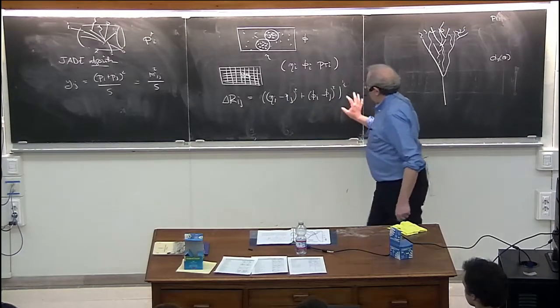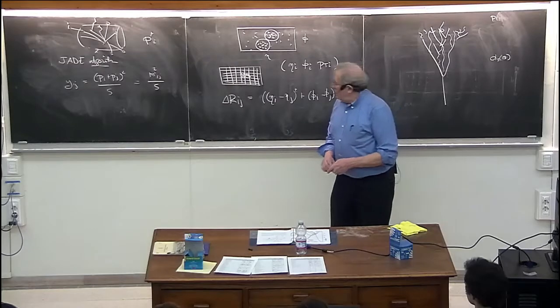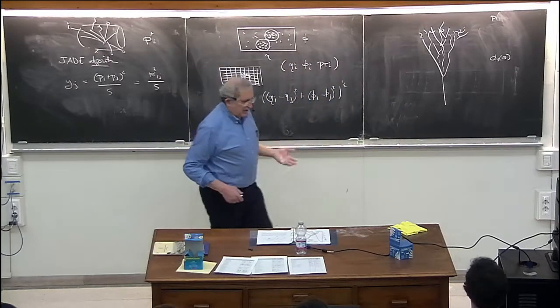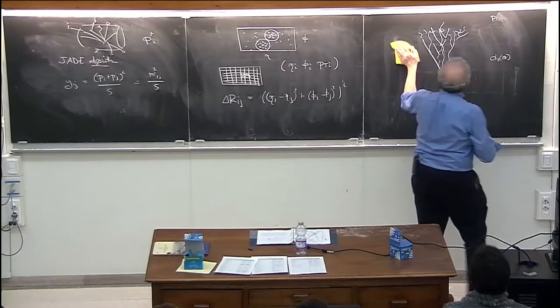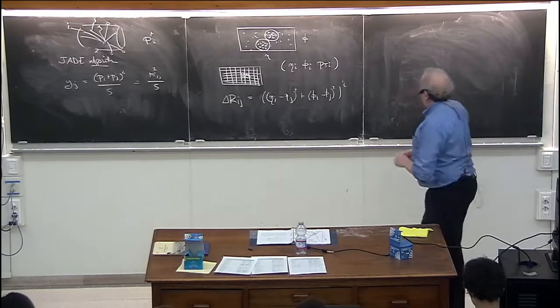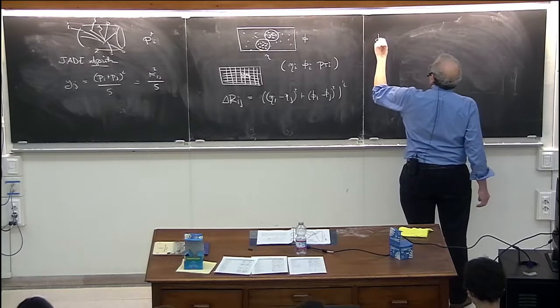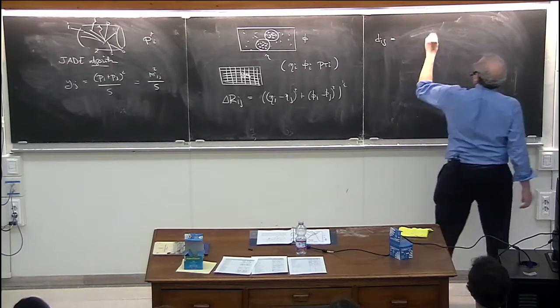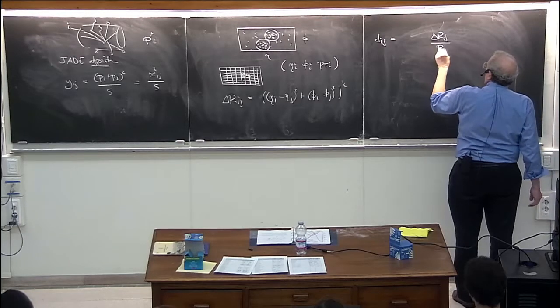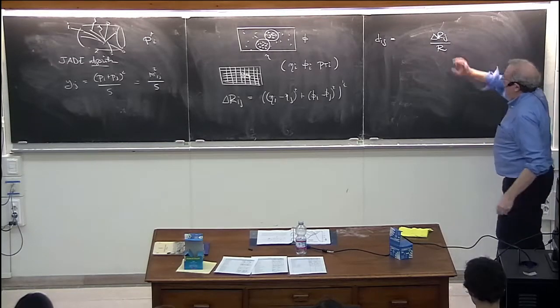Now, once we have this distance measure, this separation in the eta-phi plane, we can define a distance measure between two energy depositions. So one defines d_ij equal to delta R_ij divided by R, some input number.